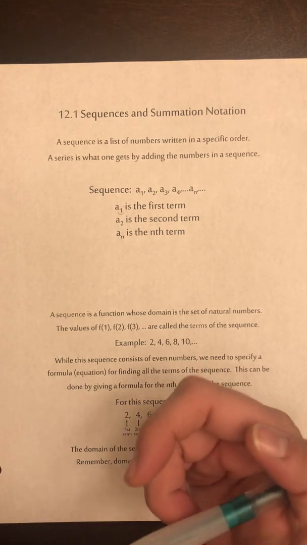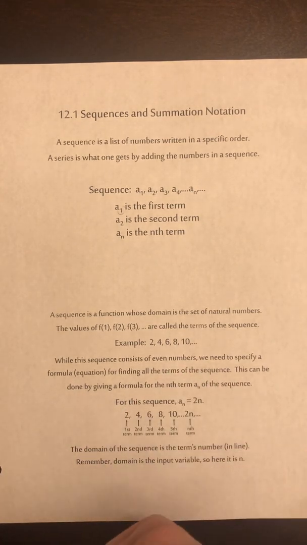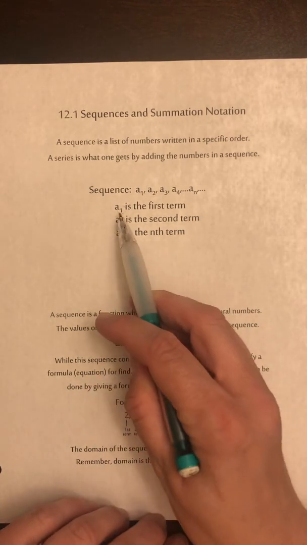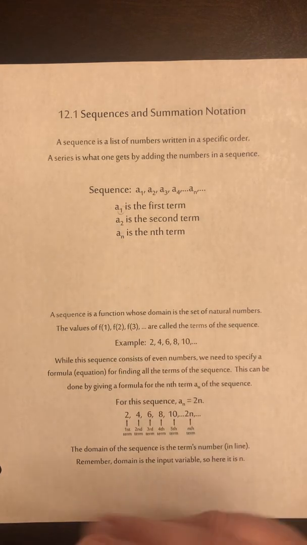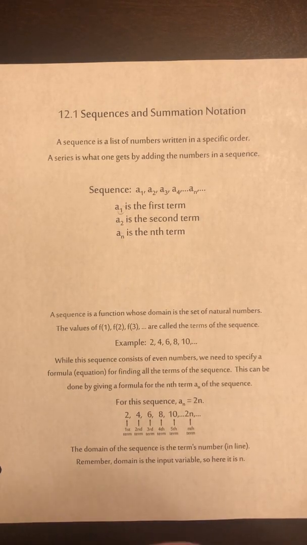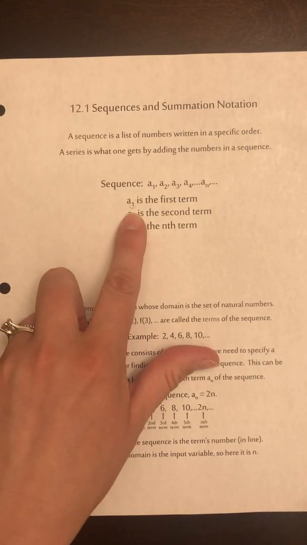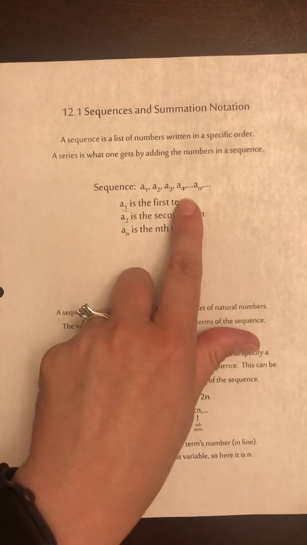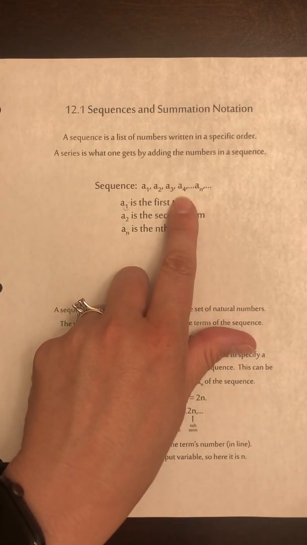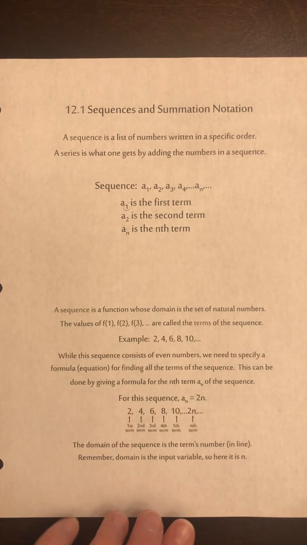When the exponent's at the top, we call that a superscript. So this is a sub 1, this is a sub 2, this is a sub n. That little number lets you know what term you're looking for. So A sub 4 represents the fourth term in the sequence.